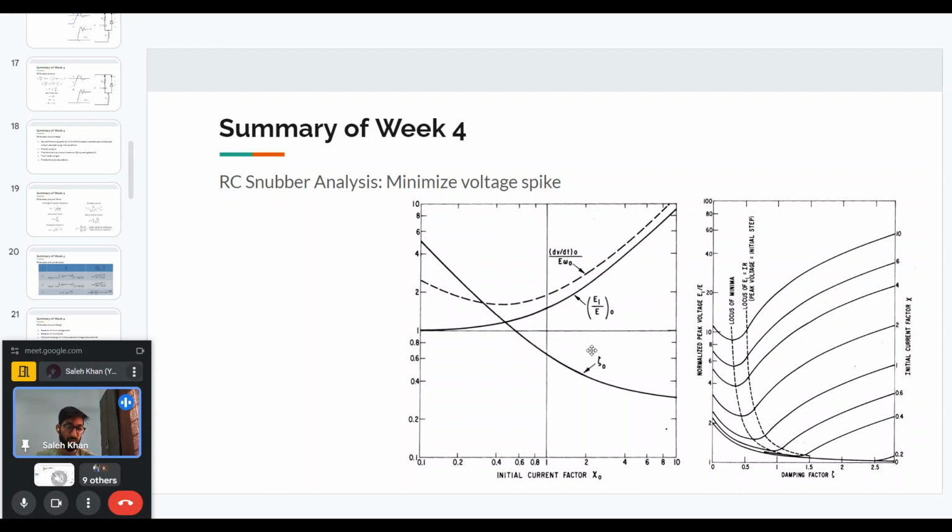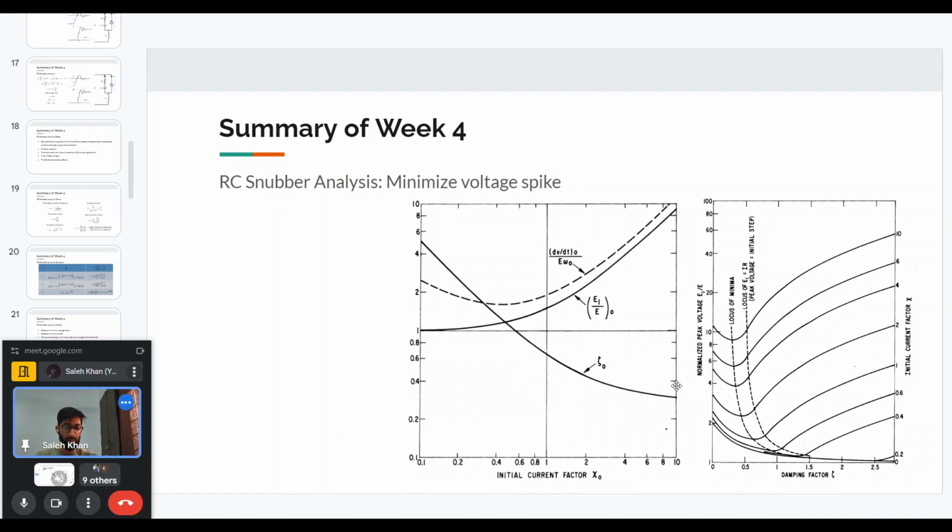Based on that, you can select a value and you can get an idea of the snubber values that you want to use. And as was mentioned in the course, this analysis that we are showing is not fully accurate because there are a lot of assumptions that we are making to simplify it.